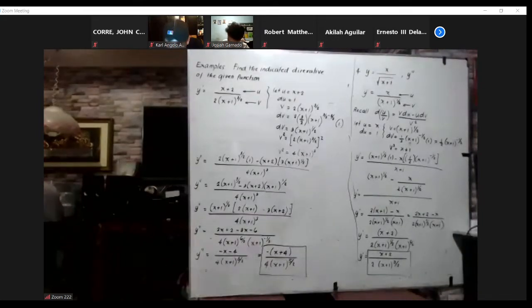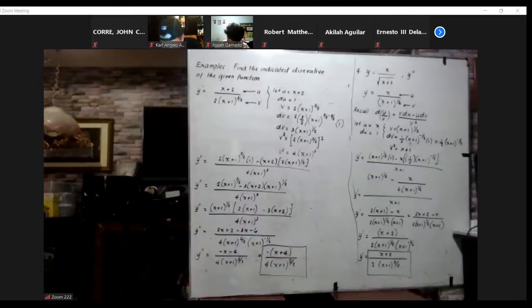That is equal to 2 times x plus 1 raised to 2 halves minus 3 times x plus 3 halves.